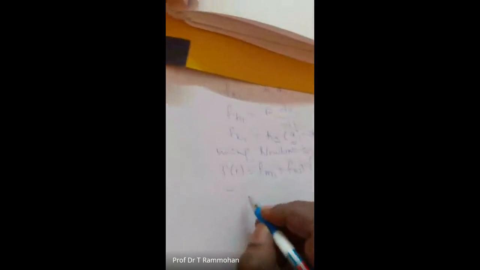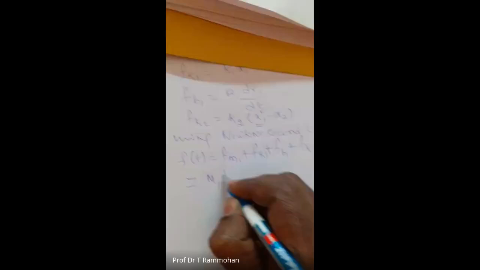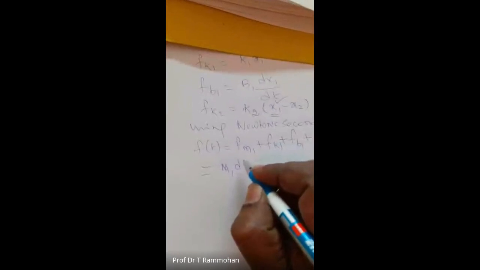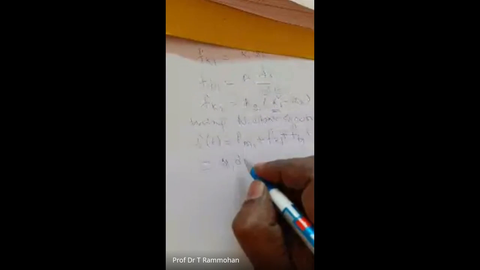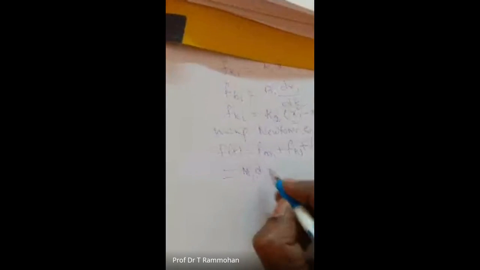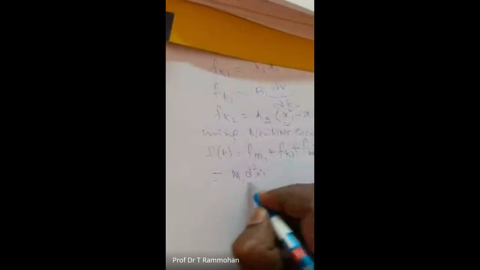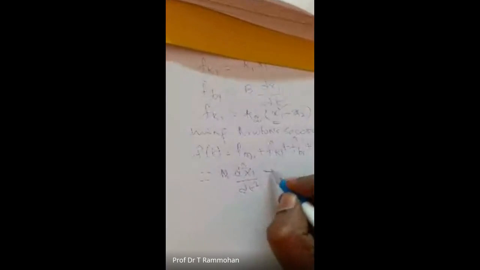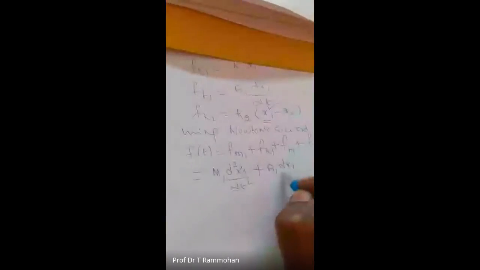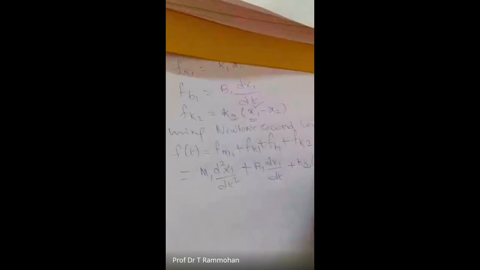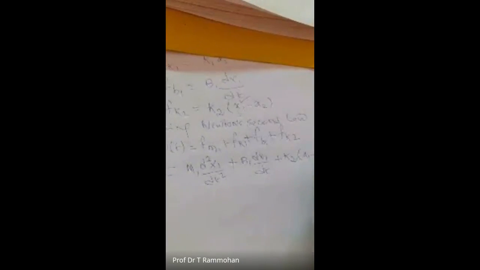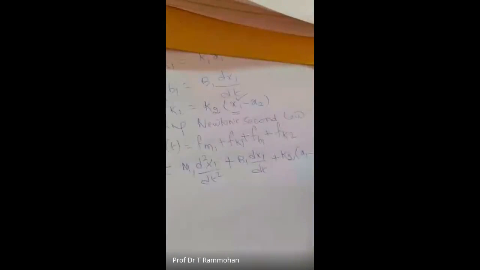So that is M1 into d square x1 by dt square, plus B1 dx1 by dt, plus K2 into x1 minus x2, plus K1 x1. Okay. So is it clear?